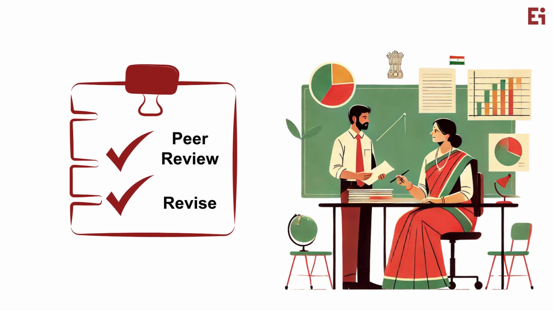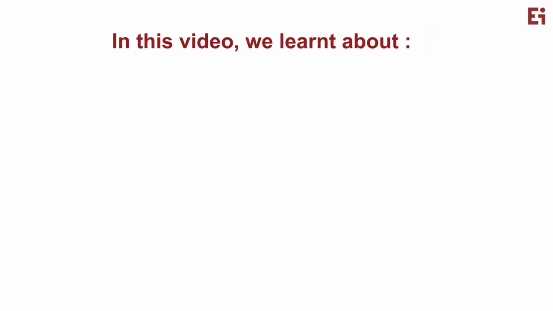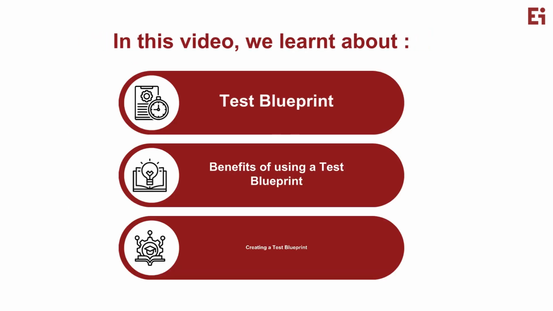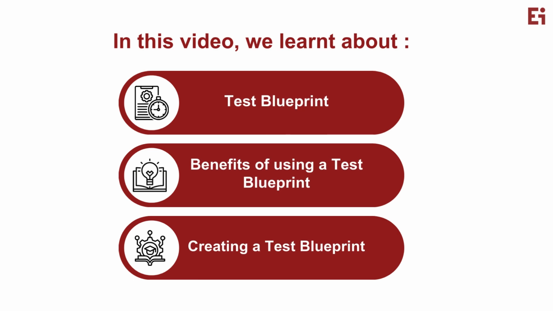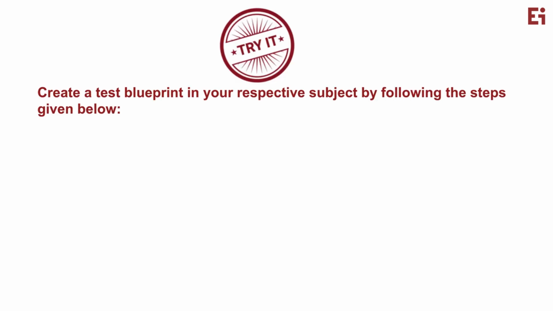In this video, we learned about what a test blueprint is, its benefits, and how to create one. Try this out. Create a test blueprint in your respective subject by following the steps given. Step 1. Identify the purpose of the test.